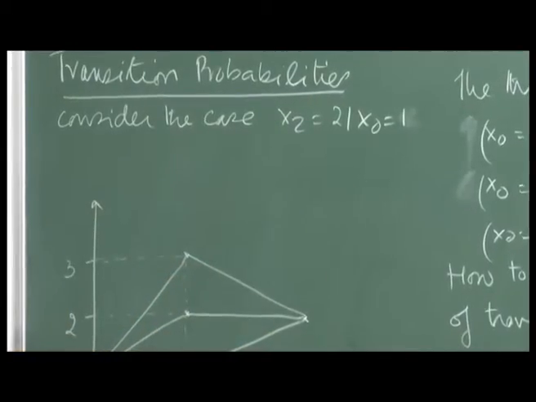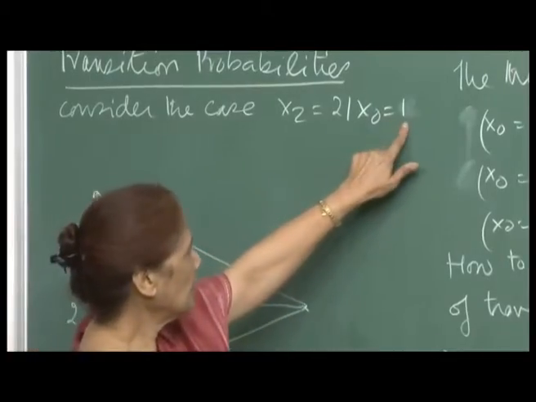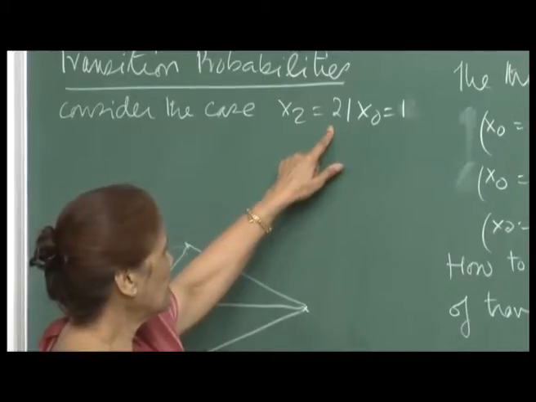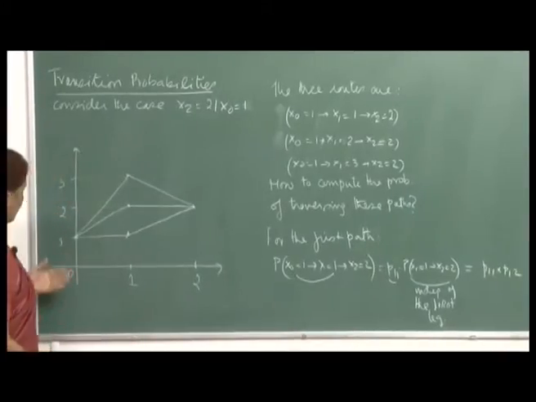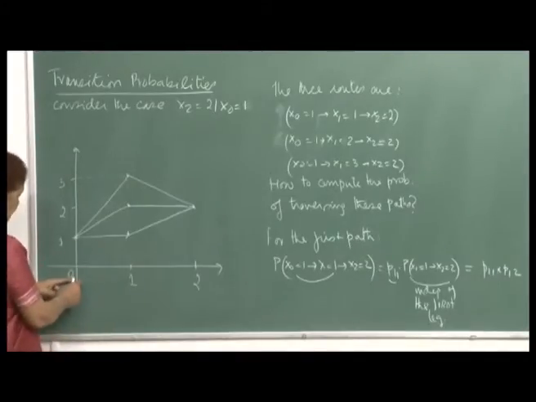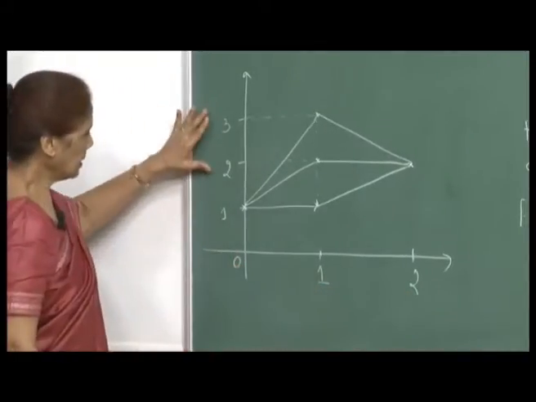In that case you see what are the possible routes of transitioning from the initial state of 1 to the state 2 in 2 steps. Of course, the 3 possible paths would be, see, at state 0, this is time period 0, time period 1, time period 2, and these give you the states.